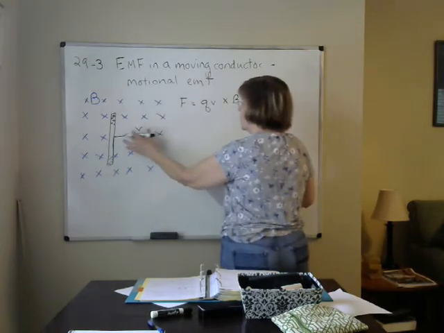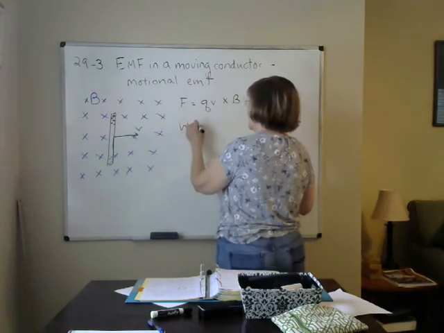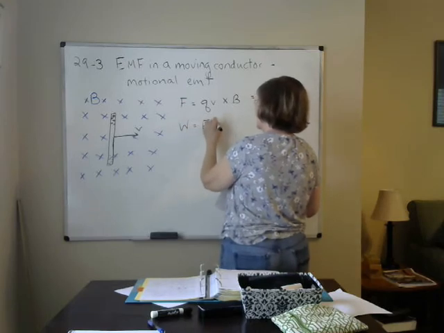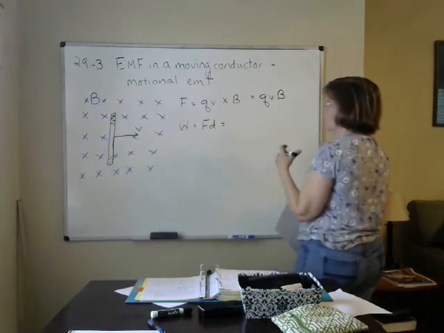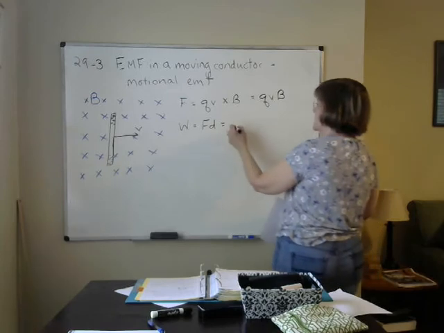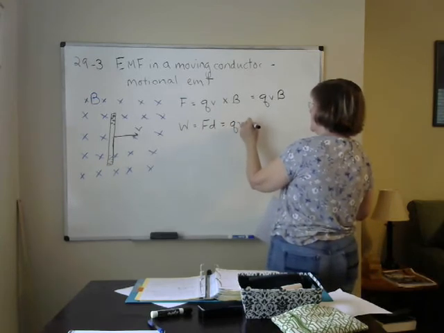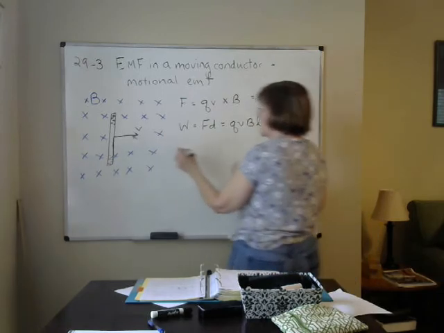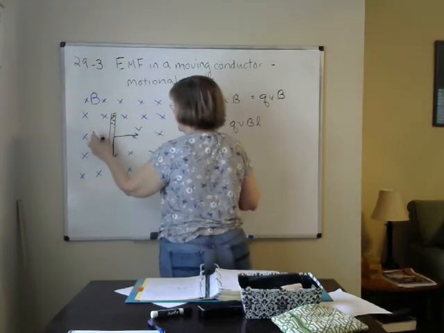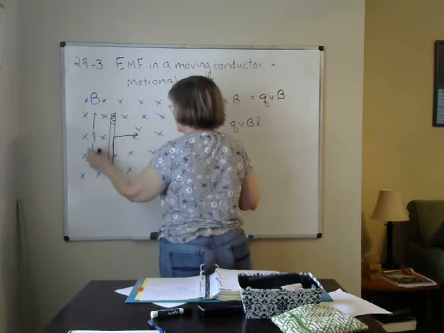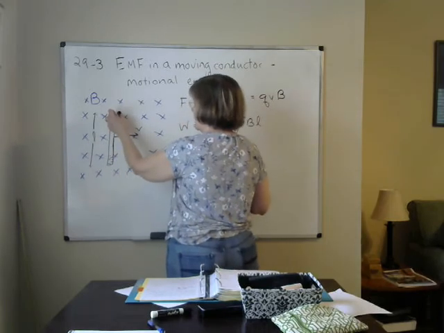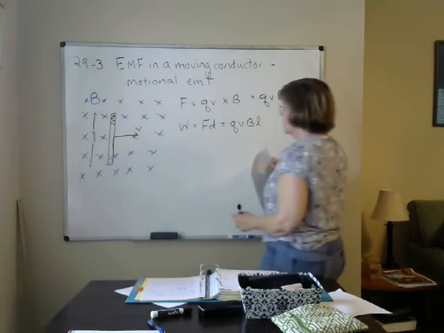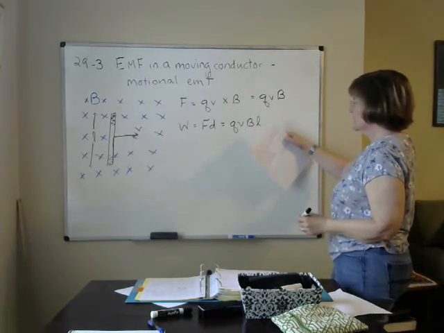We know that the work done is force times distance. So the work done on each one of those charges is going to be QvBL. And the L is the actual length from here to here. So to move a charge all the way from the top down to the bottom, we have to do that much work on it.